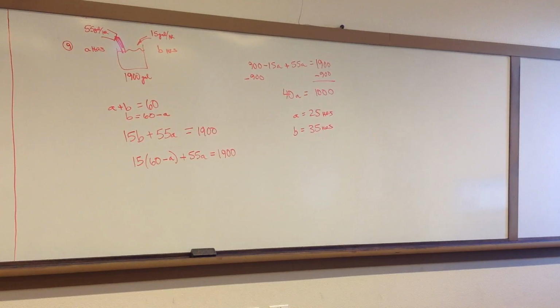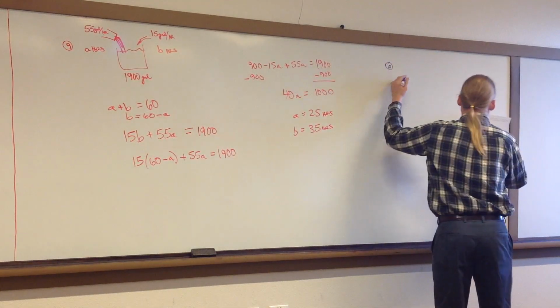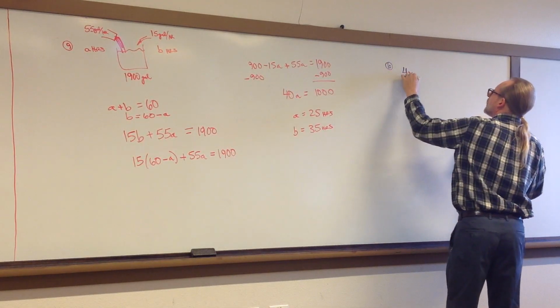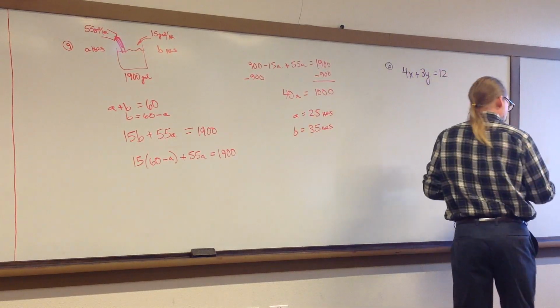Let's see here. Problem 10 is a graphing problem. Let's see, maybe I'll start it and then I'll put the graph up on the board here. So, problem 10. We've got this equation 4x plus 3y equals 12.